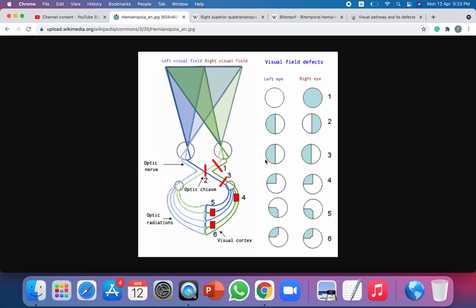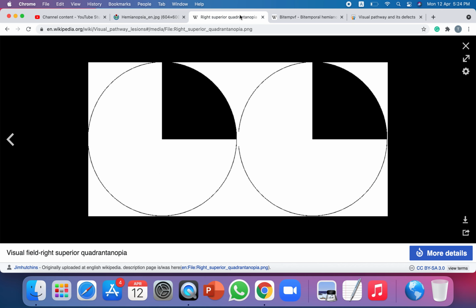This is called homonymous hemianopia. Now what do you mean by congruous and incongruous? Congruous is when similar fibers are cut, the same kind of lesion. Incongruous means when the lesion is not similar; some fibers are cut more in one eye and fewer in the other eye. This is called incongruous.